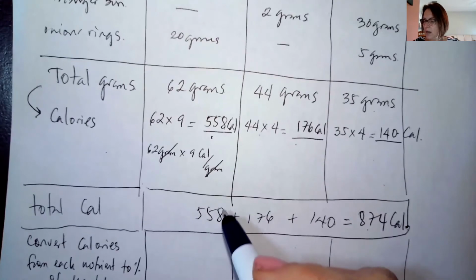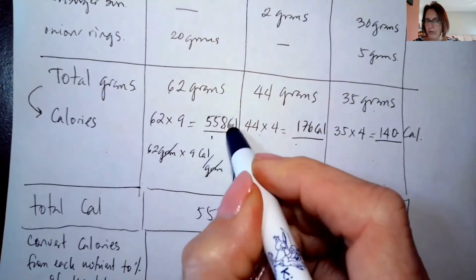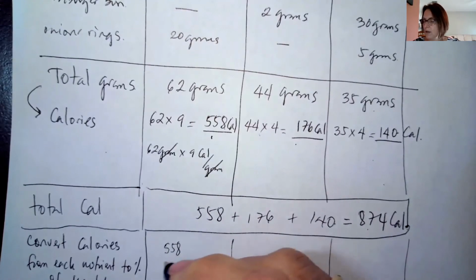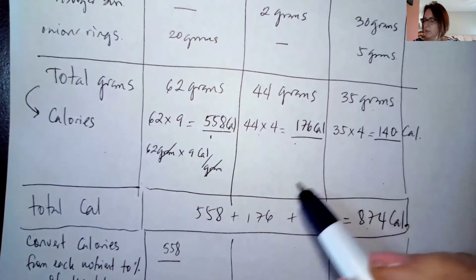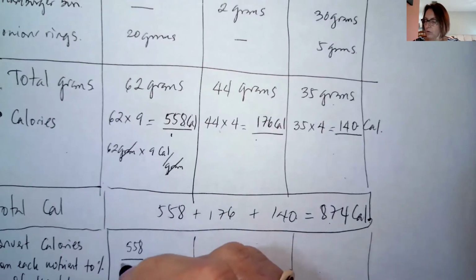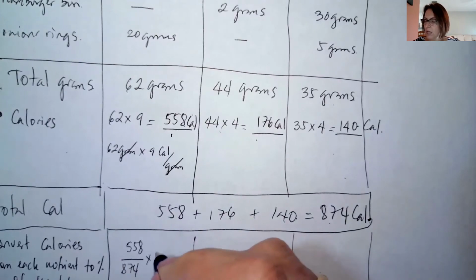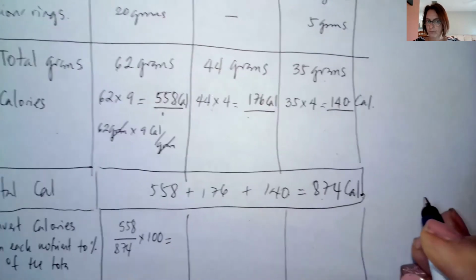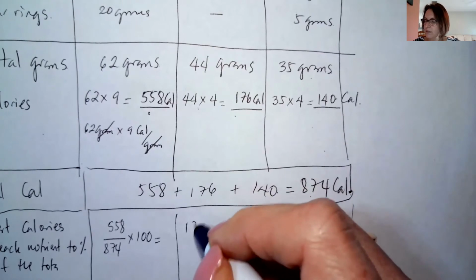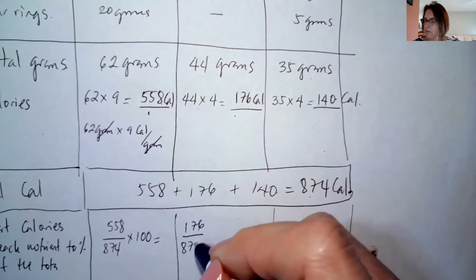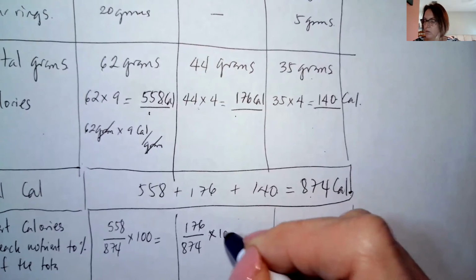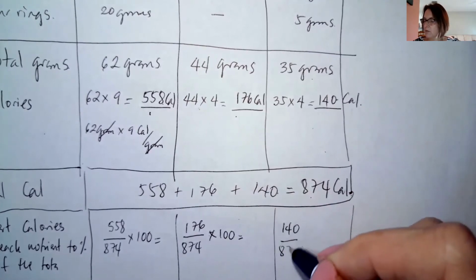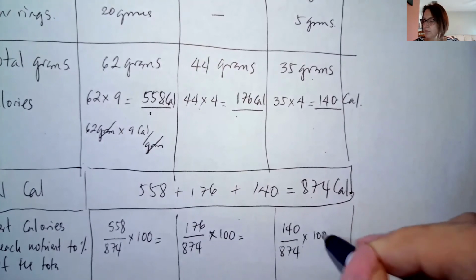Okay, you take the value for which you want to do the conversion, this one, 558 divided by the total, which is 874 times 100. Here, 176 divided by 874 times 100. And 140 divided by 874 times 100.